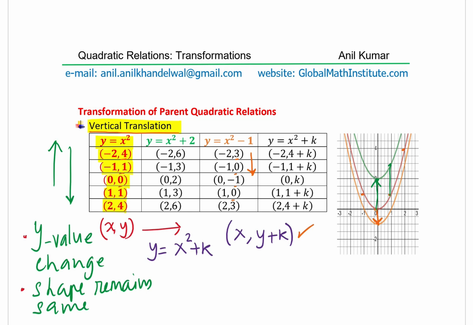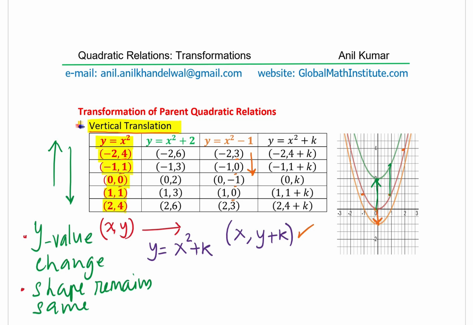If we are adding k, then the x values remain the same, and the y value increases by k. If k is negative, as you have seen in the second curve, it was minus 1, it goes down. So that is what vertical translation is.